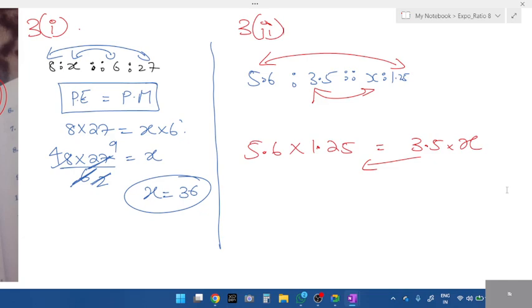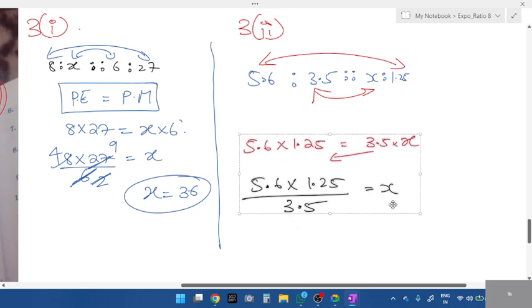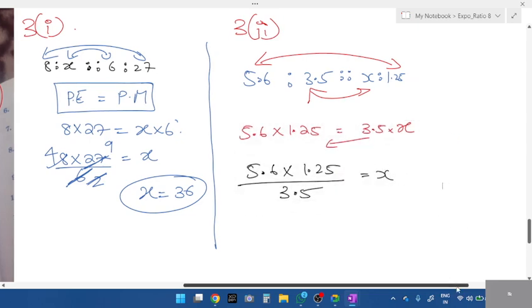Okay. What about others? 5.6 into 1.25 divided by 3.5. Remove the decimal, students. Let me check how many of you will get it right. What's the answer, Andrea? What is the x value? 120.